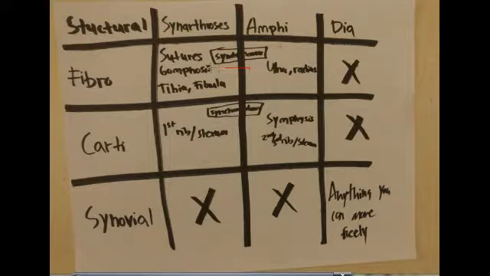Now, if you want to get into the more specifics of things, syndesmosis, these are ligaments. So, things like your tibia and fibula. And then we have the symphysis. These are what hold your teeth in your socket.